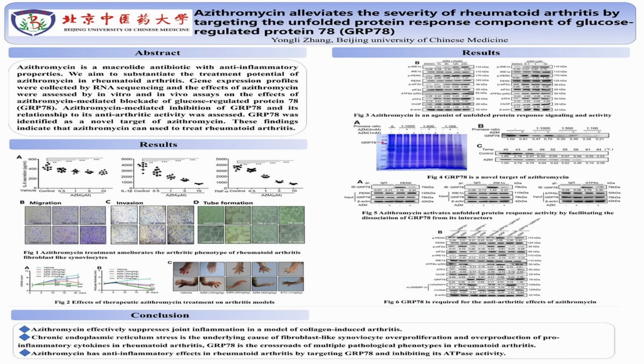Fibroblast-like synovial cells have emerged as a potential target, and azithromycin can reduce pro-inflammatory factor production, cell migration, invasion, and chemoattraction, and enhance apoptosis.